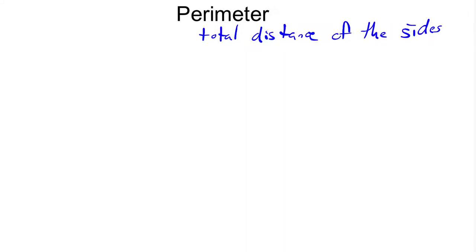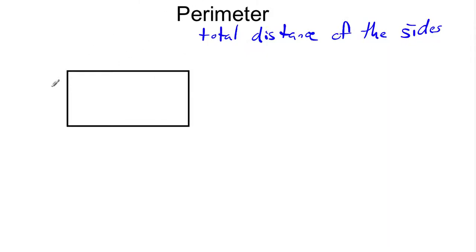Then we have this idea of perimeter. Perimeter is just the total distance of the sides. And you may have seen this before. So if I have this rectangle, and I say that this is 3, this is 3, maybe that's 5, not drawn to scale.